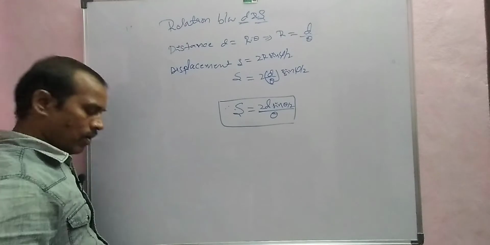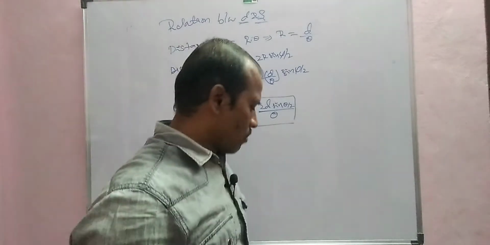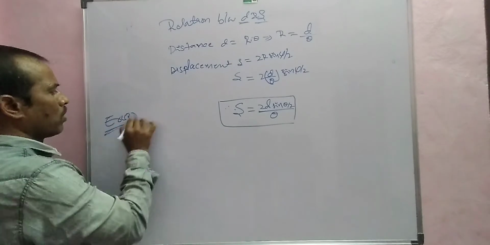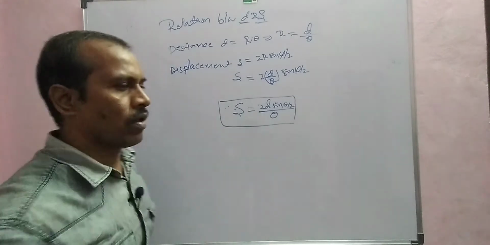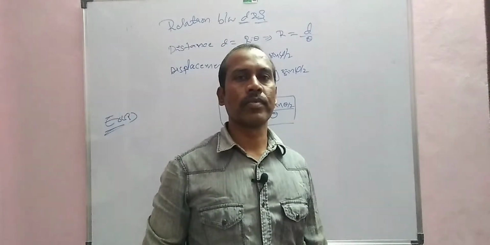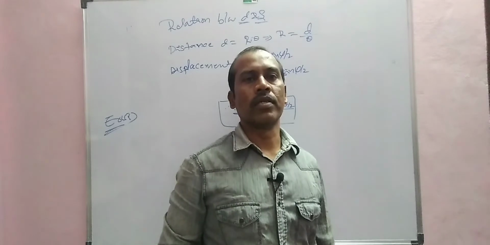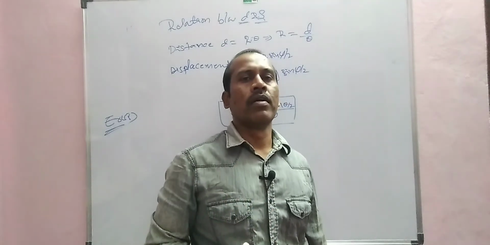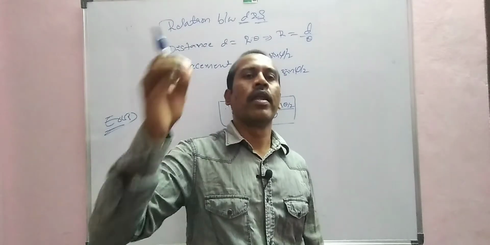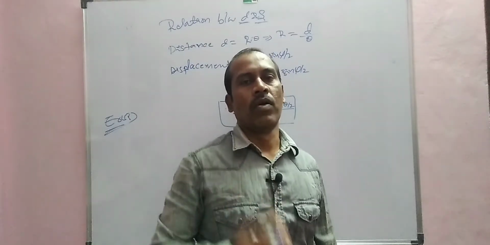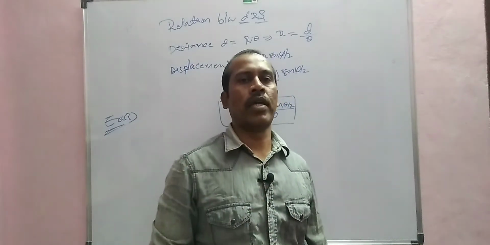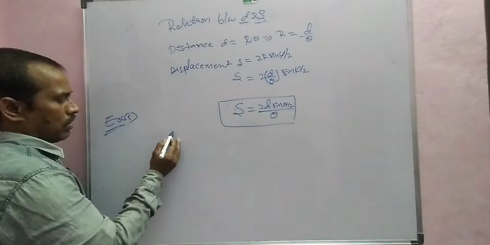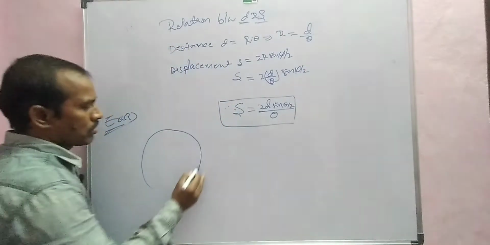Example 1: a person is moving along a curved path. The angle subtended at the center is 90 degrees. Find the displacement and distance of the person. Here this is a circle with radius r.